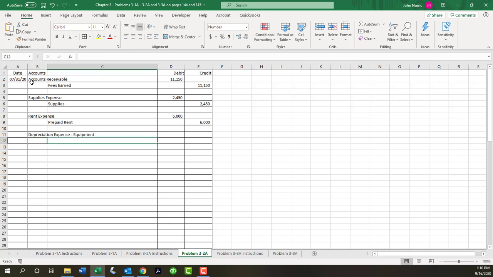Depreciation expense is the debit. And the credit is the contra asset account, accumulated depreciation.